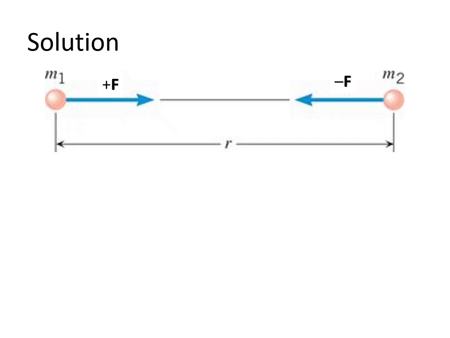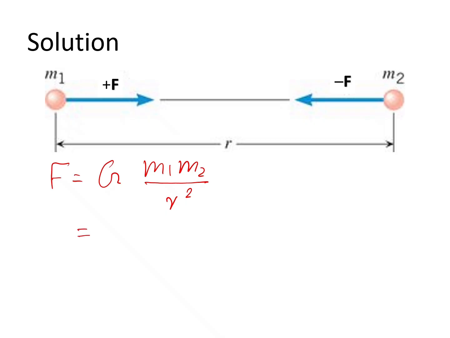The equation for Newton's law of universal gravitation is F equals G times M1 M2 divided by r squared, and we can substitute the numbers.